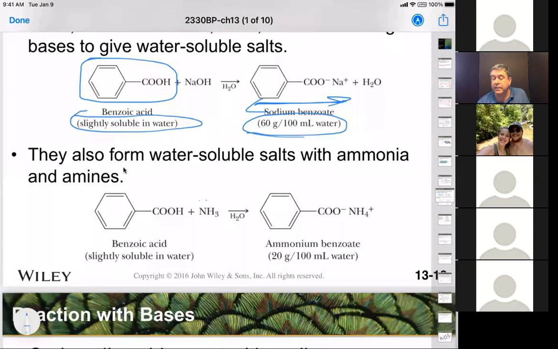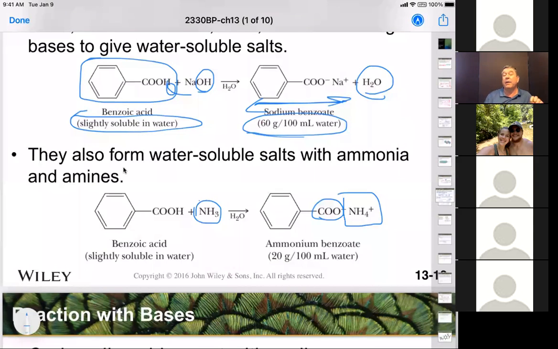So instead of producing water like we did from the hydroxide and the proton, we're creating the ammonium salt as the cation to counterbalance this. Now, it's not as soluble in water as the other, but all carboxylic acids react with ammonia and primary and secondary amines to generate salts.